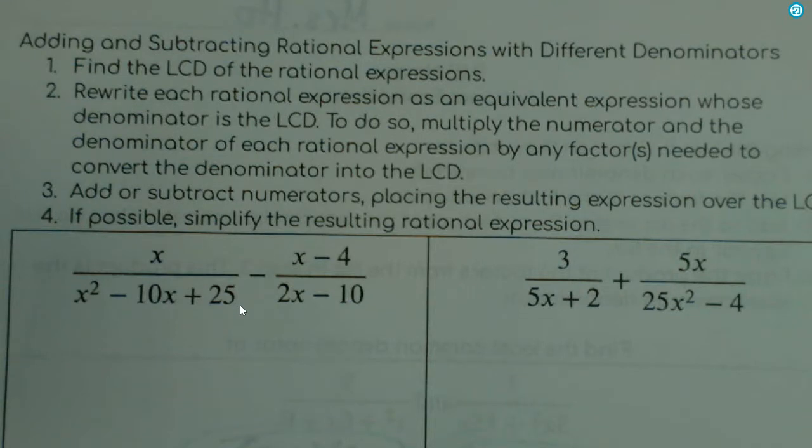I don't think either of these simplify out on the end, but I do think a couple on your assignment do. So, first problem here. We have x squared minus 10x plus 25, and then 2x minus 10. We need to simplify out those denominators first.